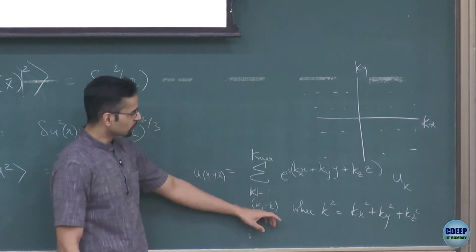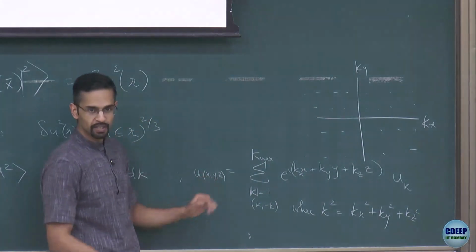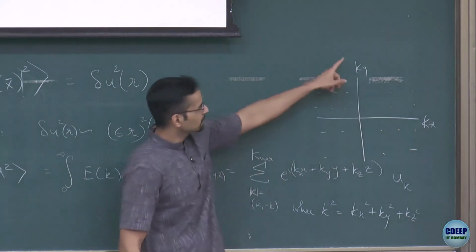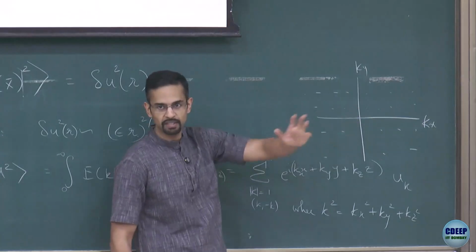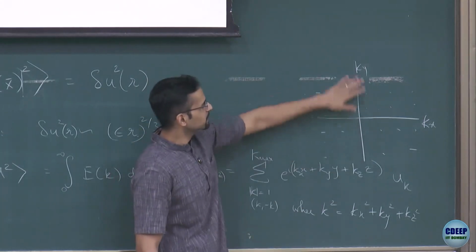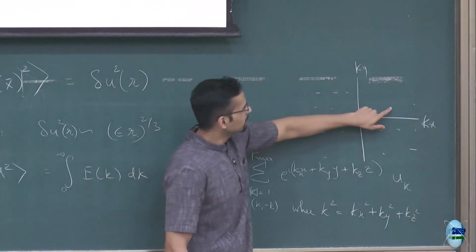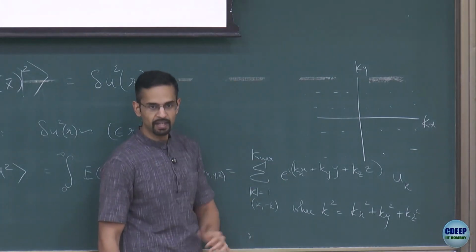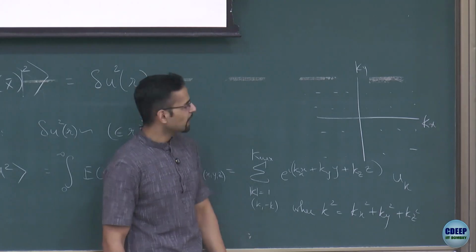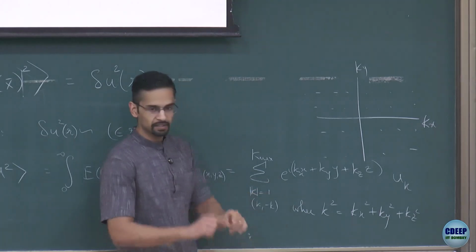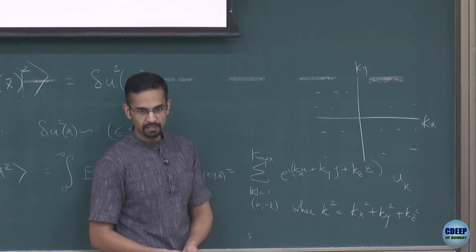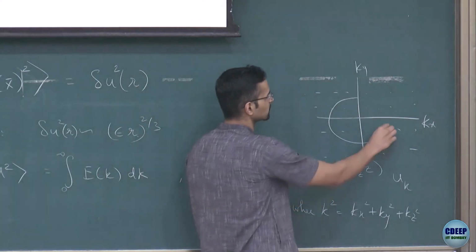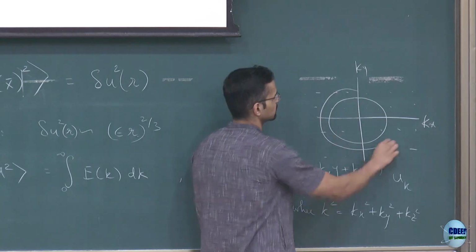If you want to think of it geometrically, when I take the field u and do a Fourier decomposition in wave number space kx, ky, kz, imagine it out of the plane, but for simplicity we can think of it in 2D. Each point here will be a certain kx, ky combination, and if I'm looking at a particular wave number shell, say k equal to 1, then I take all the modes in that shell.